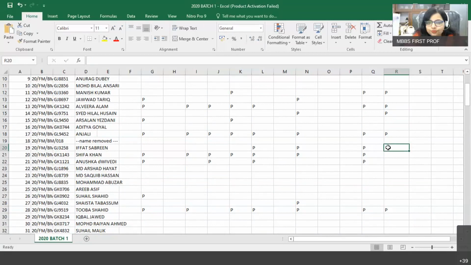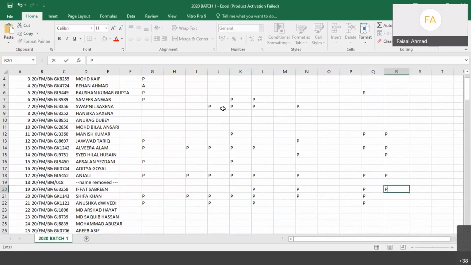Children, who is next? Roll number 7, Swapnil Saxena. Swapnil Saxena is 7. Who is next? Ma'am, 20, Shifa. Meanwhile, please fill in the Google feedback form. Ma'am, 21, Anushka. Who is next?